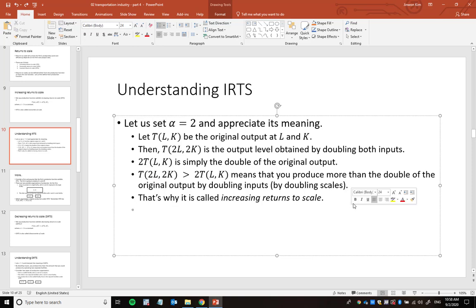So there is actually increasing returns to increasing scale. That's why it is called increasing returns to scale. By doubling your scale of production, you can be more productive. That's why it is called IRTS.